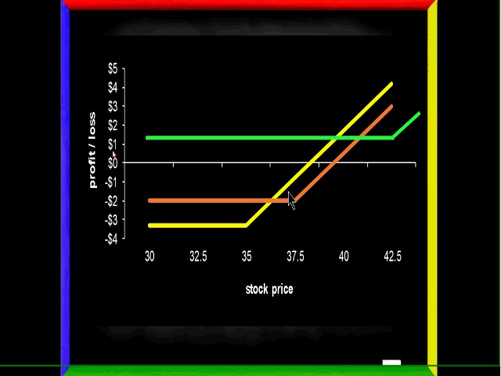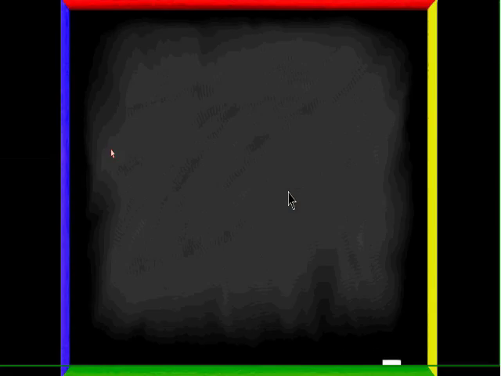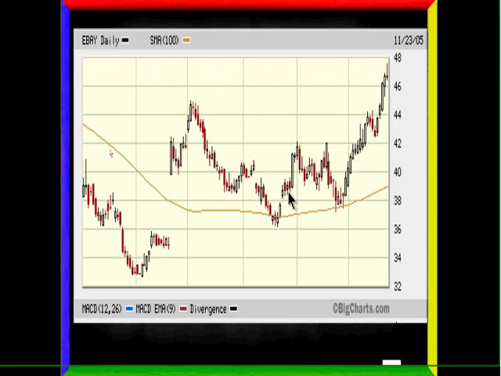I can do partial verticals. I can do ratios. I can do all kinds of fascinating things that do nothing but shift this curve up, but still give me unlimited potential. That's where the money's made. Okay, so that's when you see stuff like this. That's how you're going to have the nerves to hang on and still grow your account.